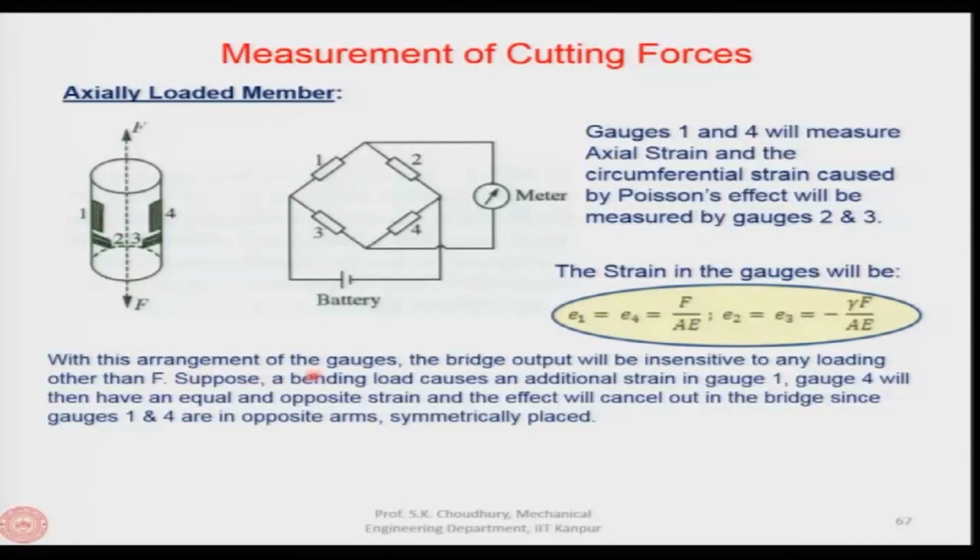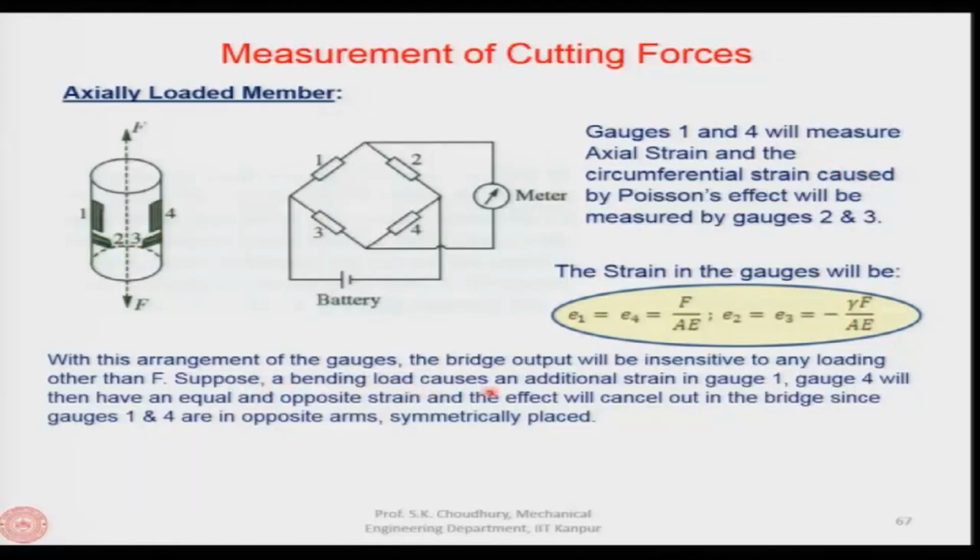Now, with this arrangement of gauges, the bridge output will be insensitive to any loading other than F, meaning that 1 and 4 will be measuring only the axial strain or the axial force, and it will not be able to sense 2 and 3, that is the circumferential strain.